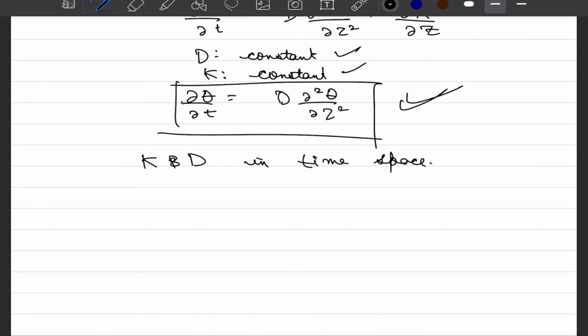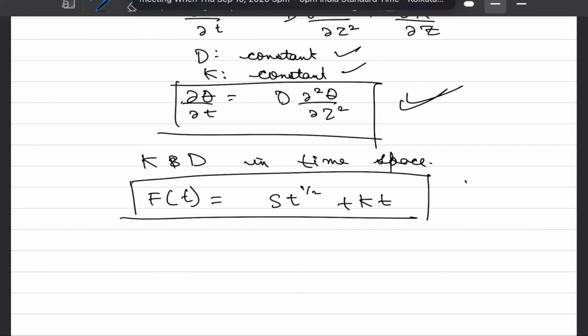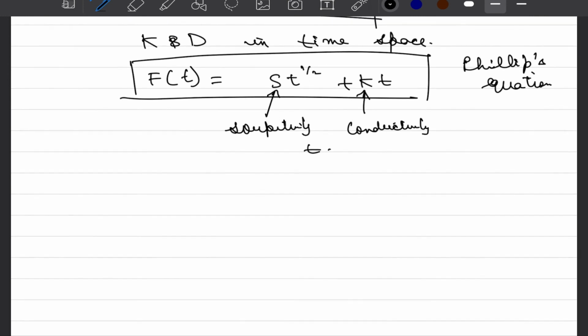So our model looked like Ft equal to S t raised to power 1 by 2 plus K t, and this equation is famously known as the Phillips equation. If we look at the parameters, S is our sorptivity, K is our conductivity, and t is again time. This capital Ft represents the cumulative infiltration.